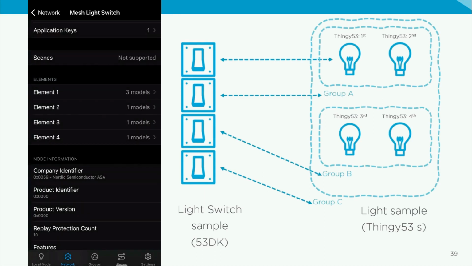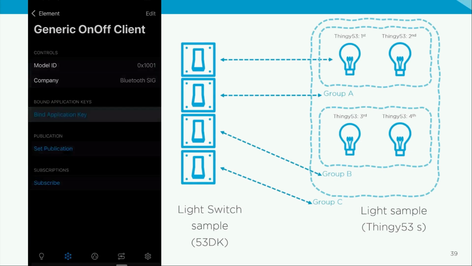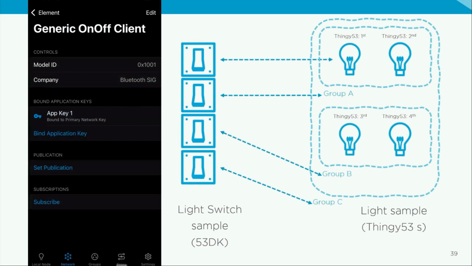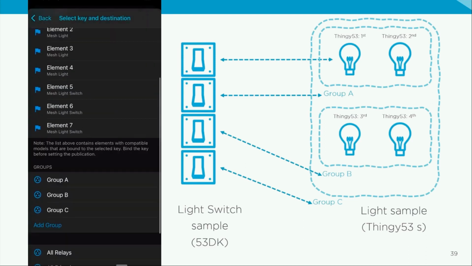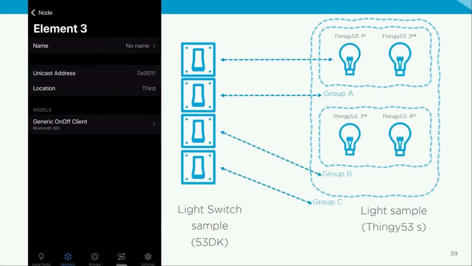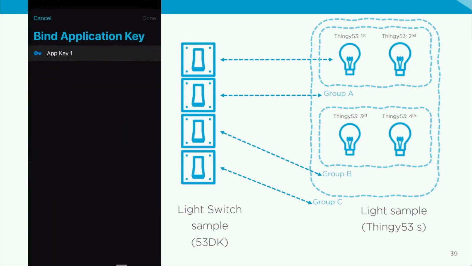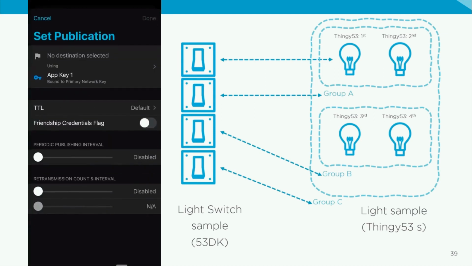Similarly, I'm going to set publication for the third button to group B. And then I'm going to configure the publication settings for the fourth instance to talk to group C, which addresses all 4 lights.